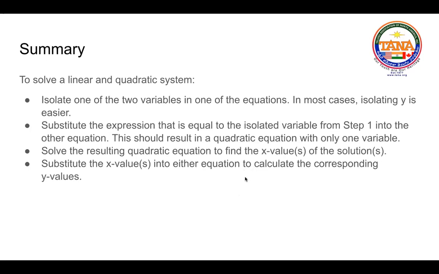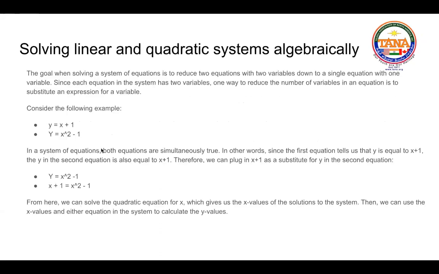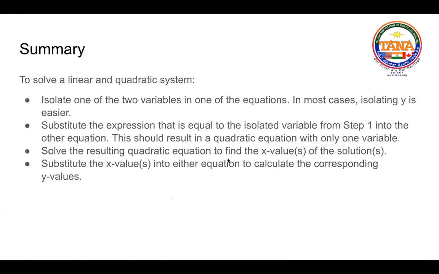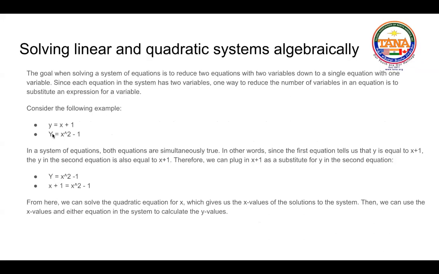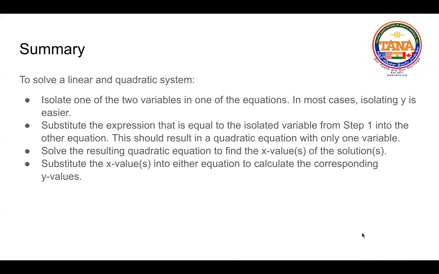Then substitute the expression that is equal to the isolated variable from step 1, which in the previous problem was x plus 1, for y. This should result in a quadratic equation with only one variable, in that case x. Then solve the resulting quadratic equation to find the x values of the solutions. Then substitute whatever you get for x into either one of the equations, x plus 1 or x squared minus 1, to get y. And with that, you get the solutions to the system.